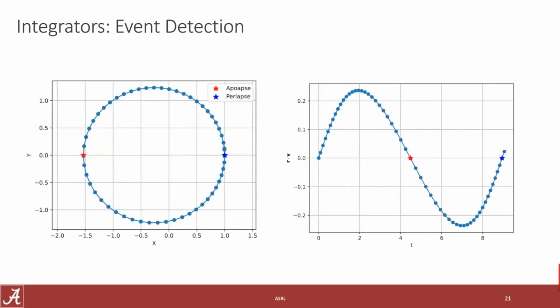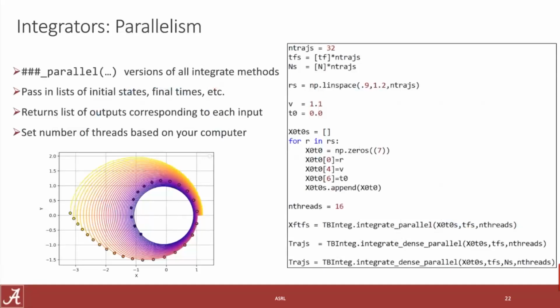Okay, so here's a plot of a nice deterministic, easy example of clean event detection. But you're right. There are nuances, just like there always are. So one other function that we'll just briefly hit on here, integrators also have parallelism built right into them.